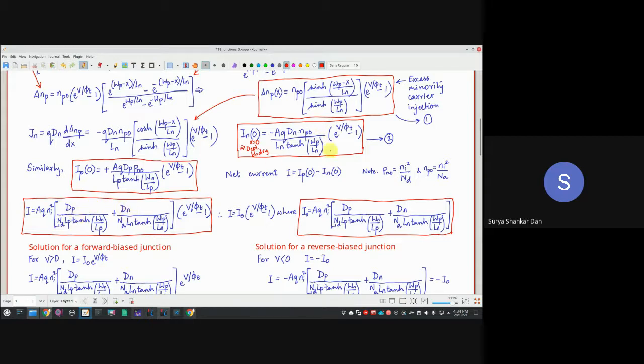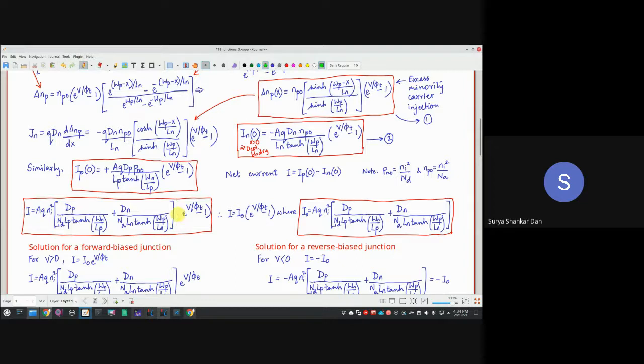Then Np0 and Pn0 we can replace by their minority carrier expression, ni squared by the doping. So I have put that in here. So this is essentially the total current of the diode. Now this entire part, if you notice, this whole region from here to here does not have any voltage dependent part.